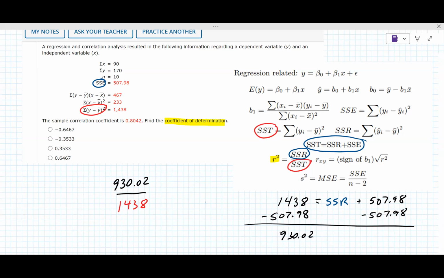Then you just divide those, and it looks like it's letter D.